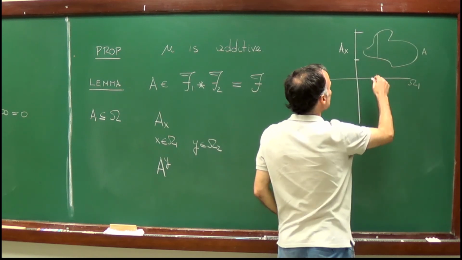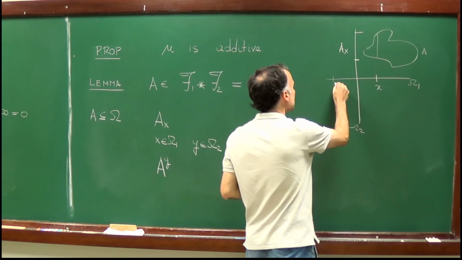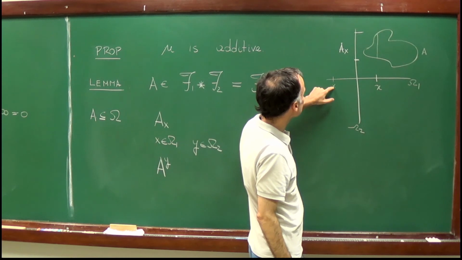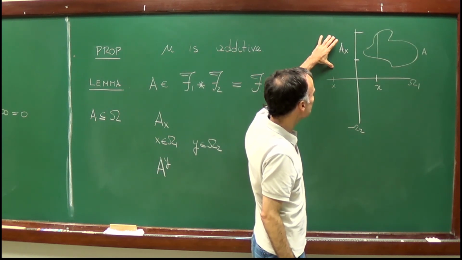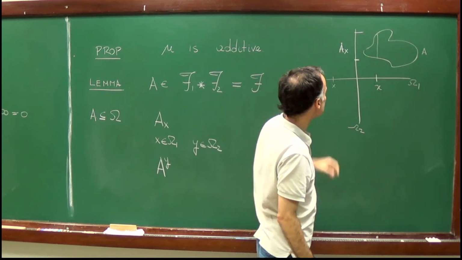Notice that if I take x equal to here, Ax will be just the empty set. For that x, it will be this interval.